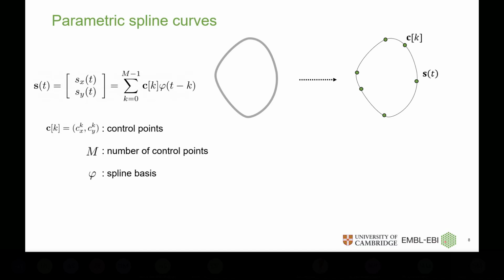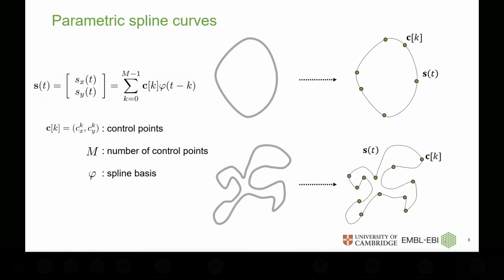We generally consider polynomial b-spline as phi for these cases. So the remaining parameters for this model, which one can change, are these control points, which can be anywhere in the image to model the given shape. So for a given shape like this, what one can do to model that is figure out where exactly in the grid you need to place these control points that would be able to model the input shape.